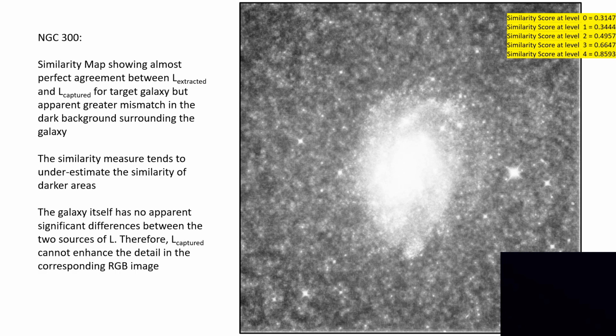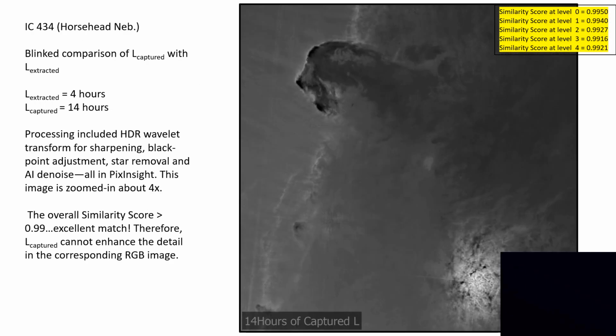Finally, a dark image, the Horsehead Nebula, and as in previous images, I'm blinking 2 images here. The comparison is between L captured and L extracted. In this case, the L extracted is 4 hours of exposure time.